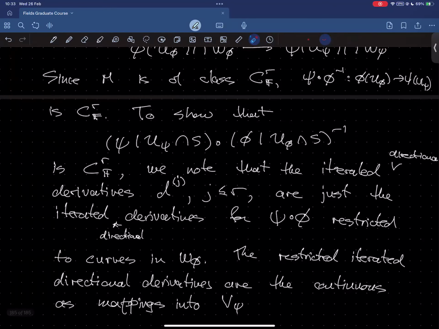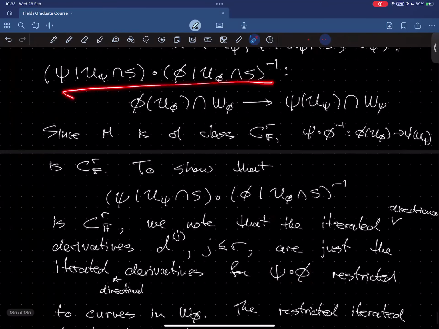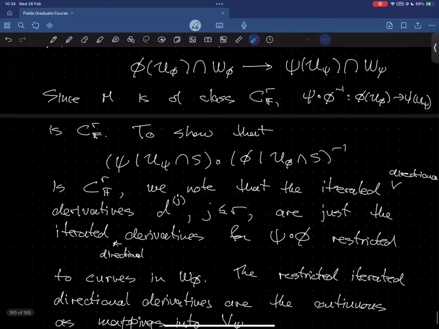What I'm doing is taking this full mapping here, and to calculate the directional derivatives of this thing, which maps this into this, I'm going to restrict myself to directional derivatives along directions in the W phi direction. To calculate that, I'm just taking the full mapping, not just the restricted mapping, and restricting the directions in which I'm differentiating it.